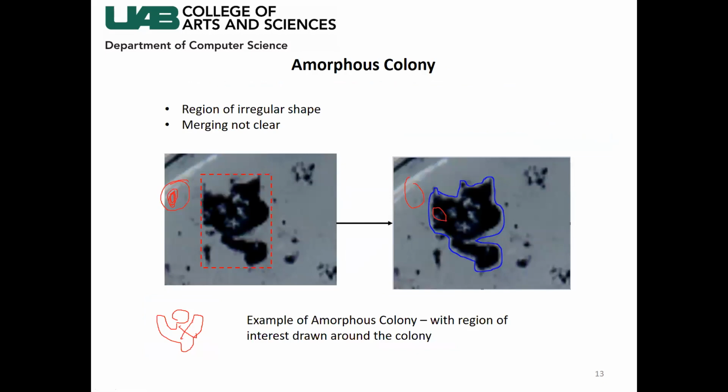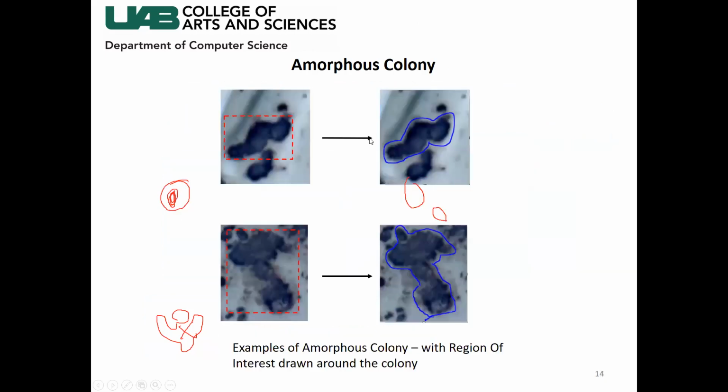And then there is the amorphous colony. From the diagram, it doesn't have any round or ellipse shape, so we annotate it as an amorphous colony, just like this. Maybe this is a region we can mark as amorphous. This is also an amorphous region.